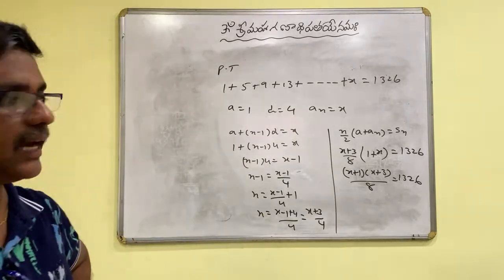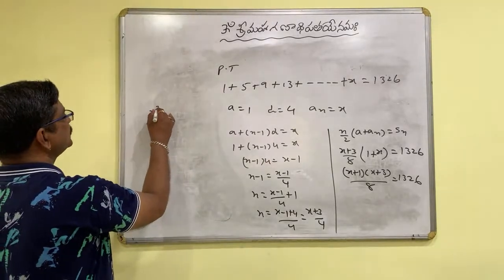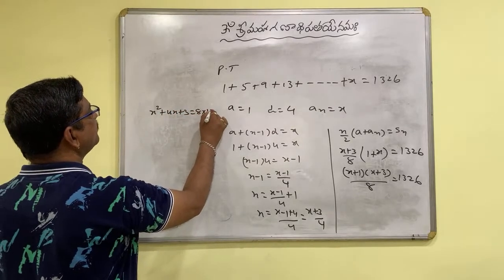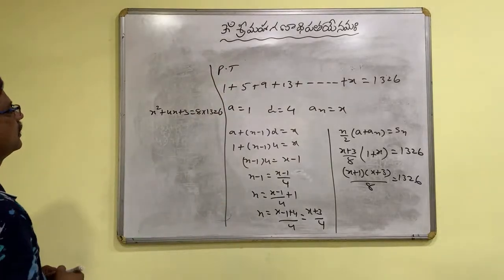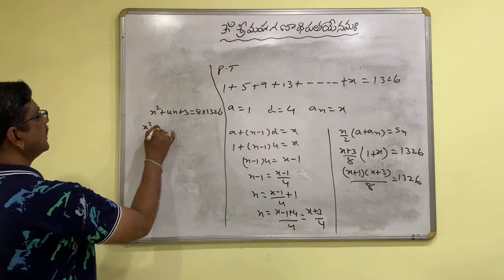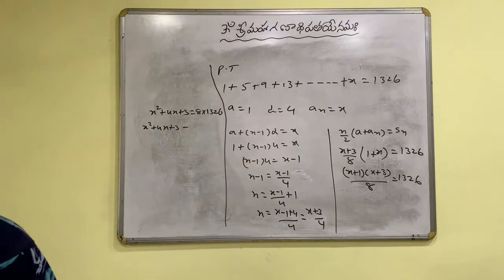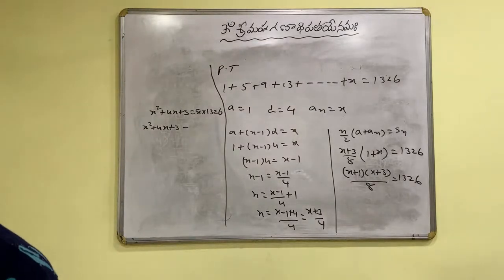Simplify, tell me the answer. x square plus 4x plus 3 is equal to 8 into 1326. x square plus 4x plus 3 minus 8 into 1326, how much? 8 into 1326, how much?